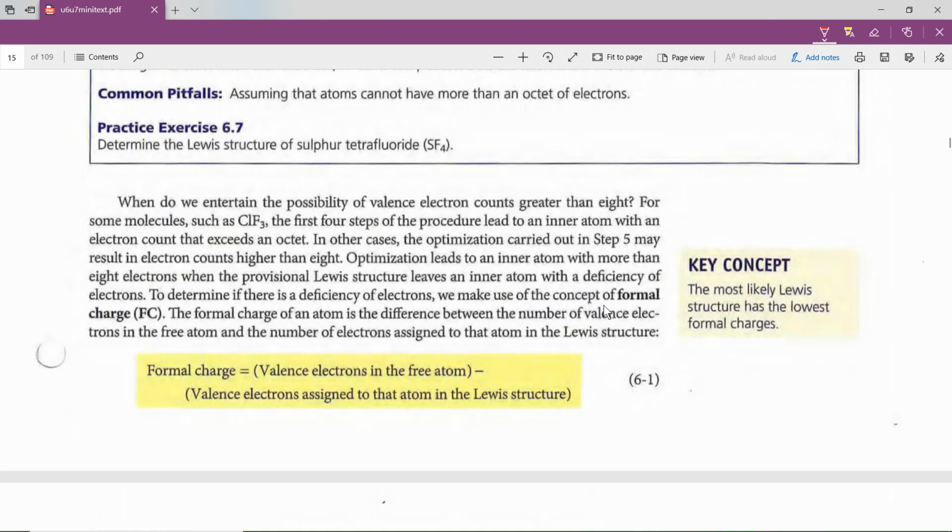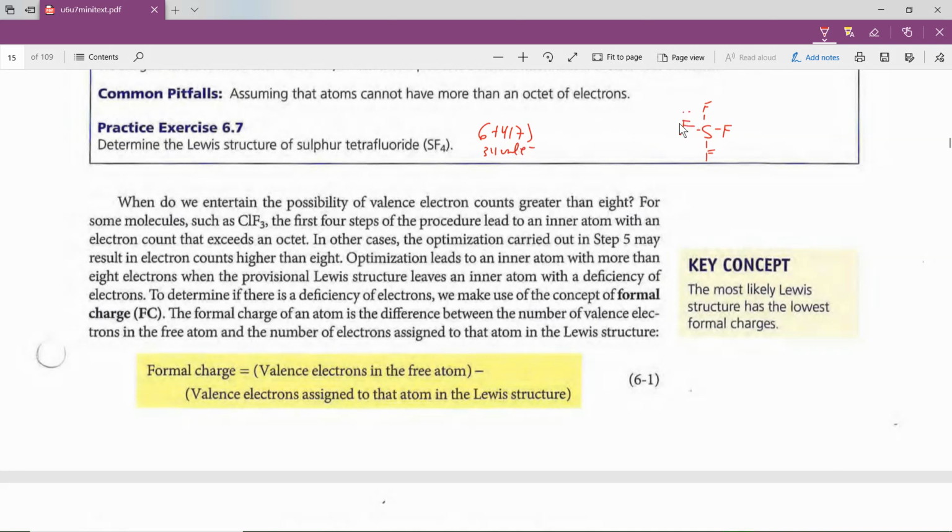Let's try this practice exercise 6.7. Determine the Lewis structure of sulfur tetrafluoride. Okay, so sulfur tetrafluoride, S, F, F, F, and F. So we got 4 of those. Sulfur is in group 6, so 6 plus 4 times 7, 28, 34 valence electrons.